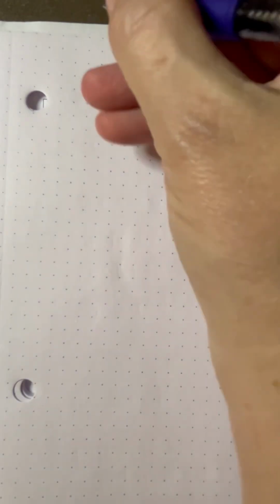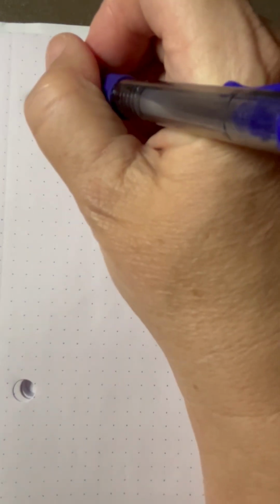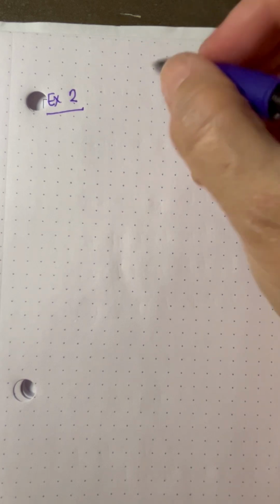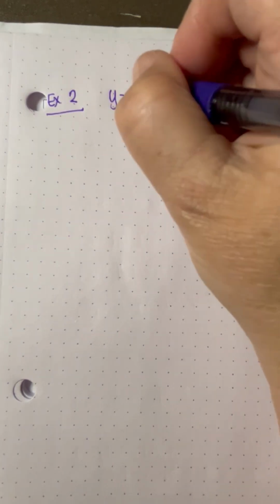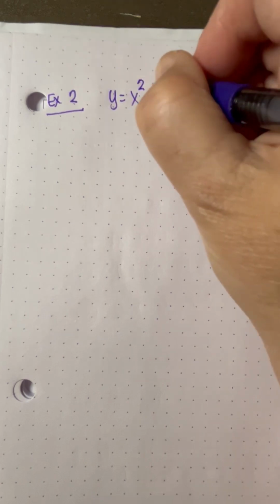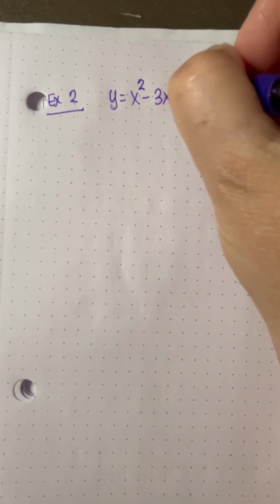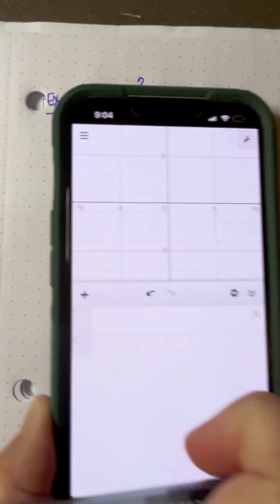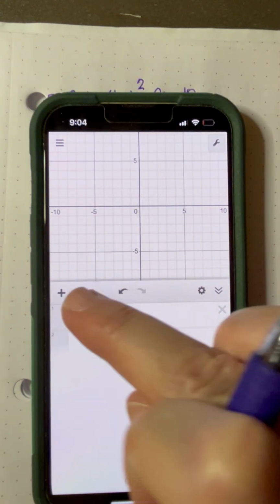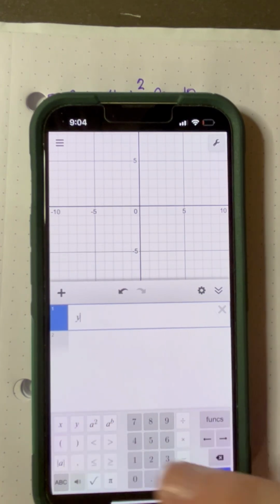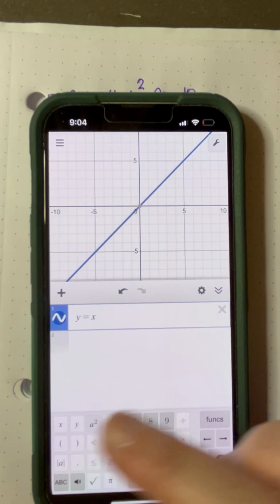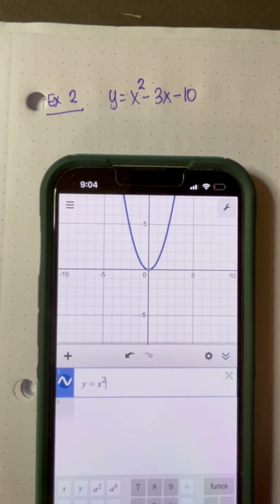All right, so here's a second problem. So this will be example 2. For this one, I have y equals x squared minus 3x minus 10. And again, the question is, how many solutions? So I'm going to do y equals x squared minus 3x minus 10.